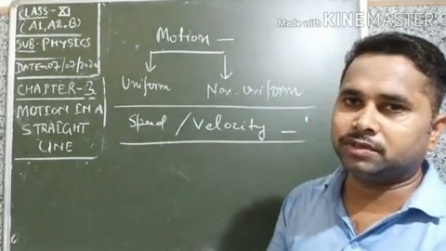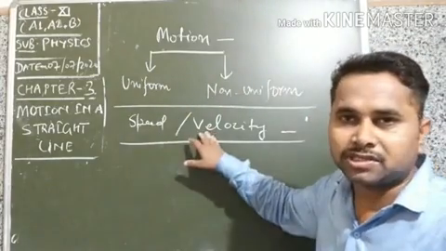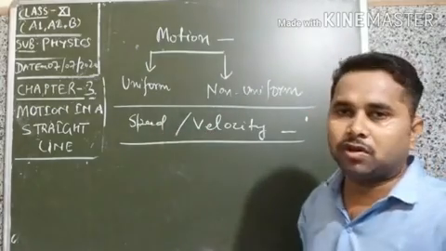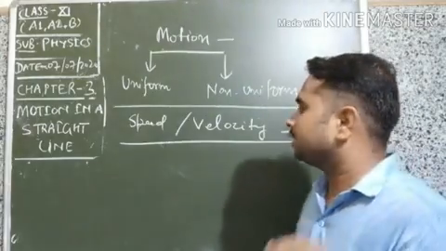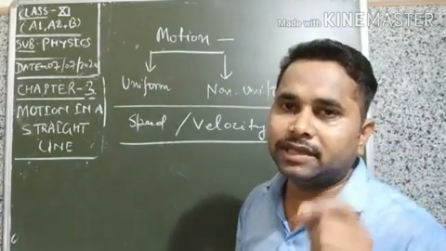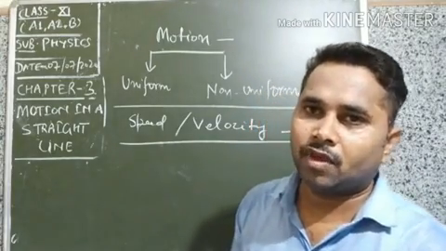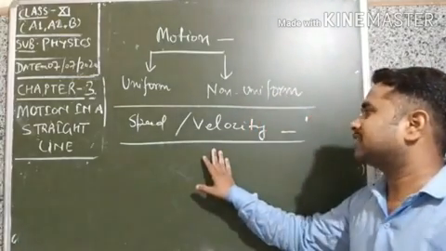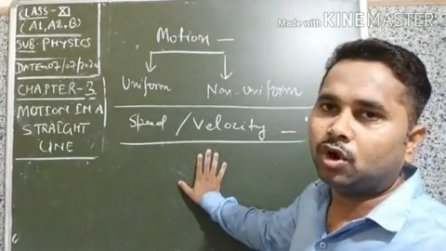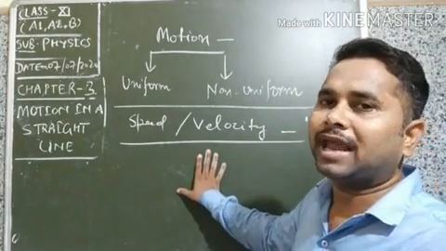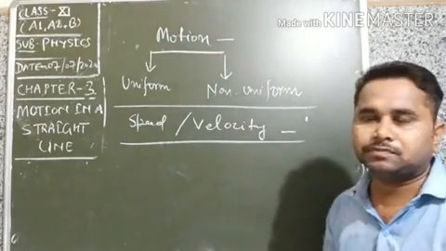I am repeating again: if you fix a direction in this speed, it becomes velocity. So velocity is the time rate of covering distance in a fixed direction, or you can define velocity as the ratio of displacement upon time taken. This is about the velocity.